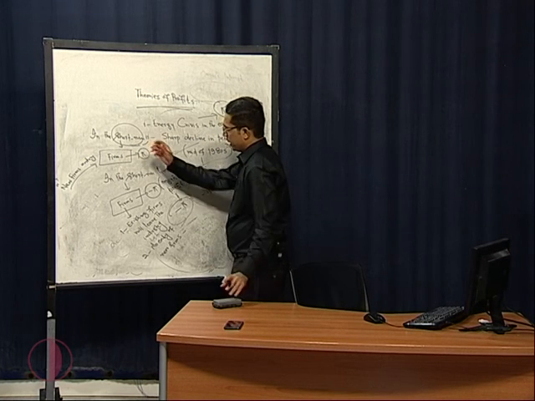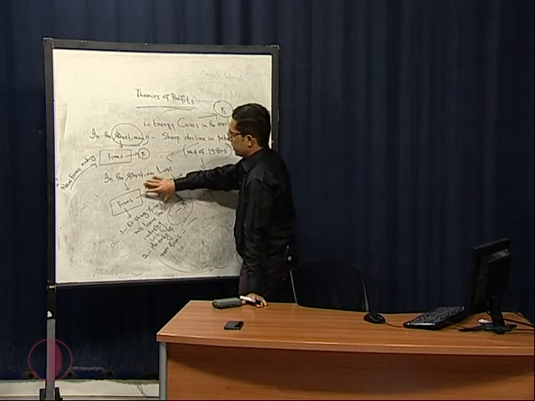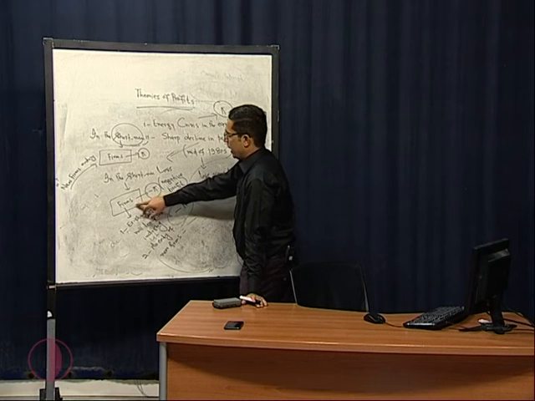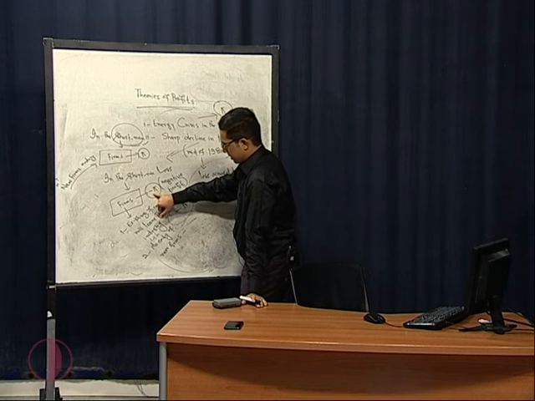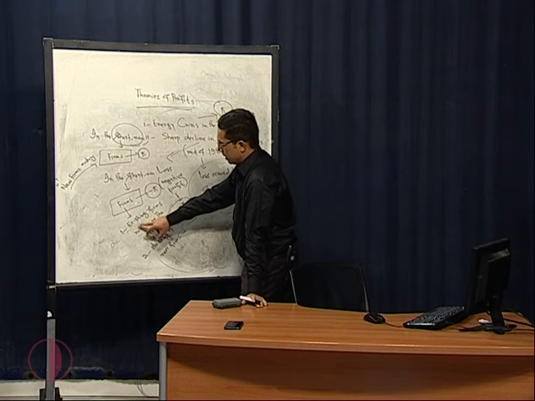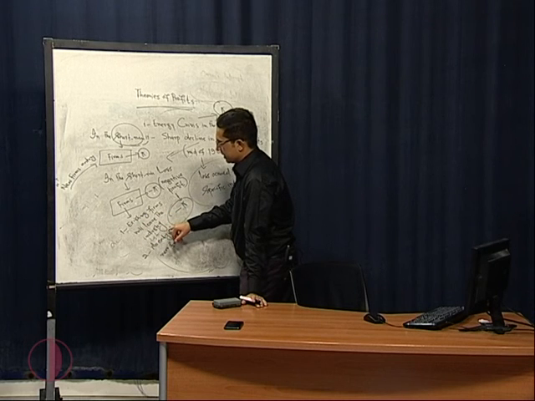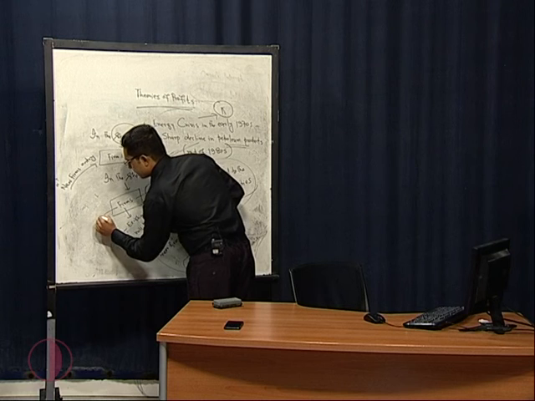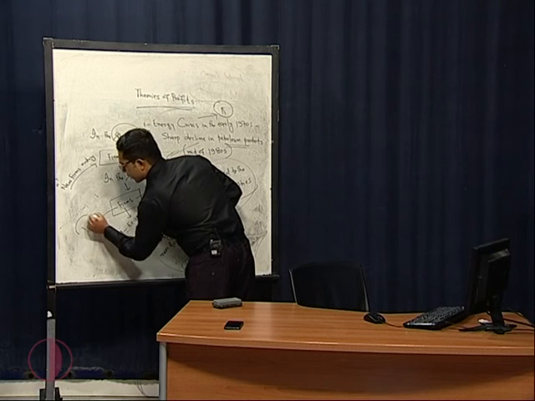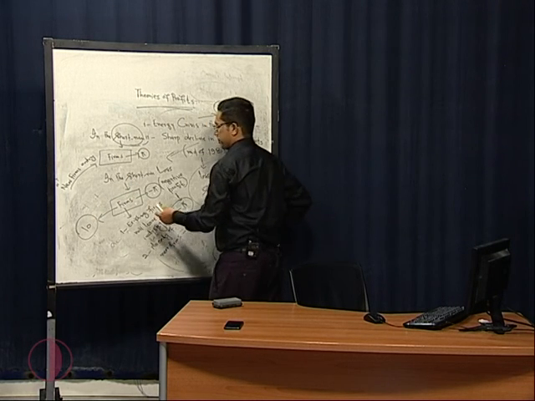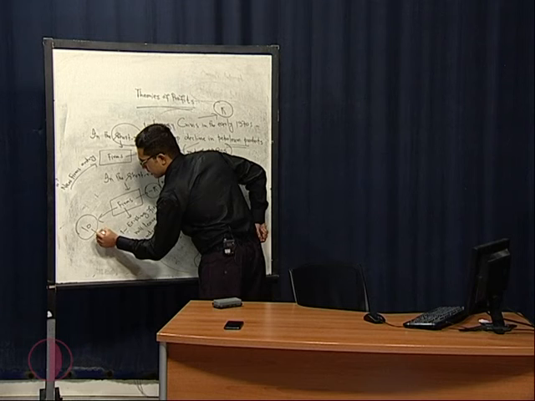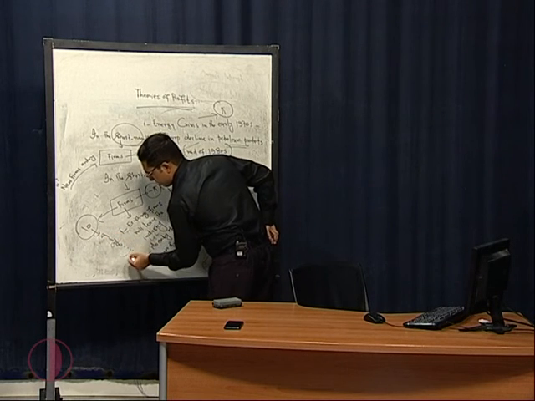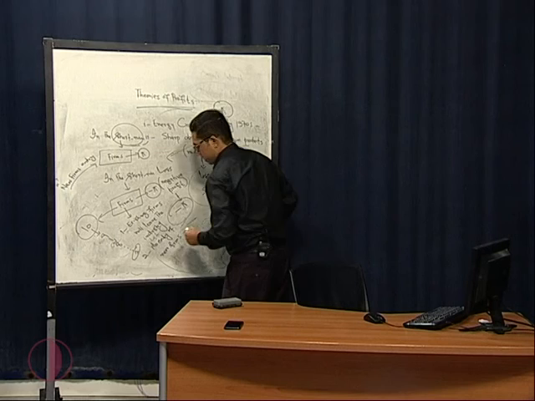So it means that if in the short run firms are incurring losses, the existing firms will leave the industry. For example, if there are 10 firms working in a given industry, they will become 9, maybe 8, maybe 1.